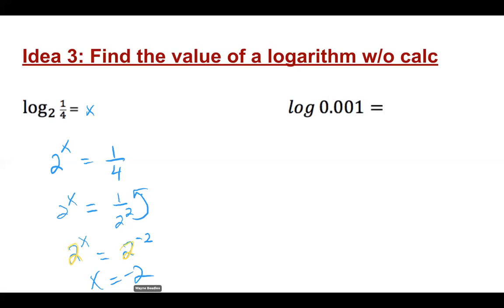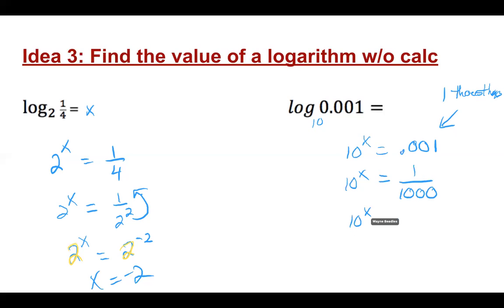And then on this one, it's base 10, because that's what we're trying to figure. If it doesn't have a base there, remember it's 10. 10 to the x is equal to 0.001. Well, how do you say this? This is 1,000th, with the th at the end. So that's 1 over 1,000th.